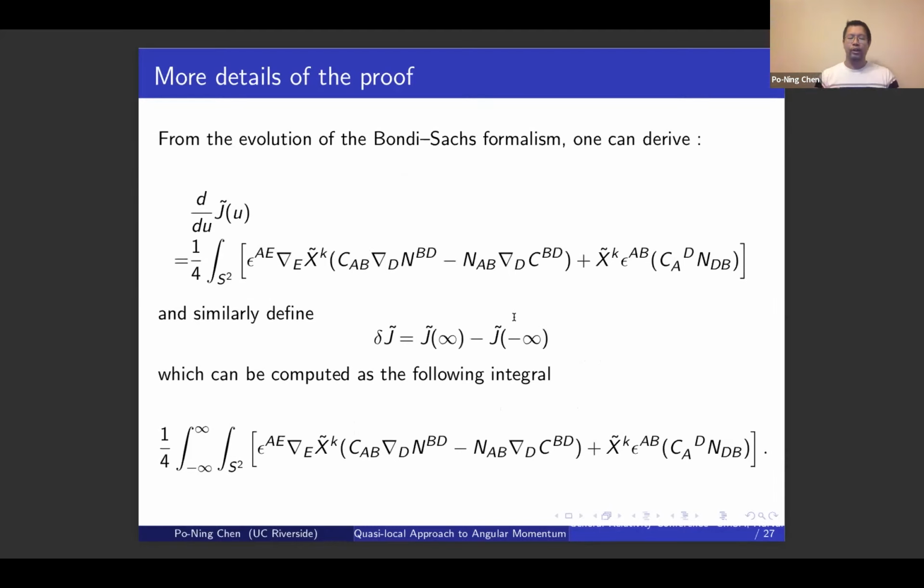Then the total change will be the integral of this from -infinity to +infinity. Okay. Now this is what one can compute in the u coordinate. In the u bar coordinate, one will have the same expression, except both the shear and the news in this last line are replaced by c bar and n bar in the other coordinate system.